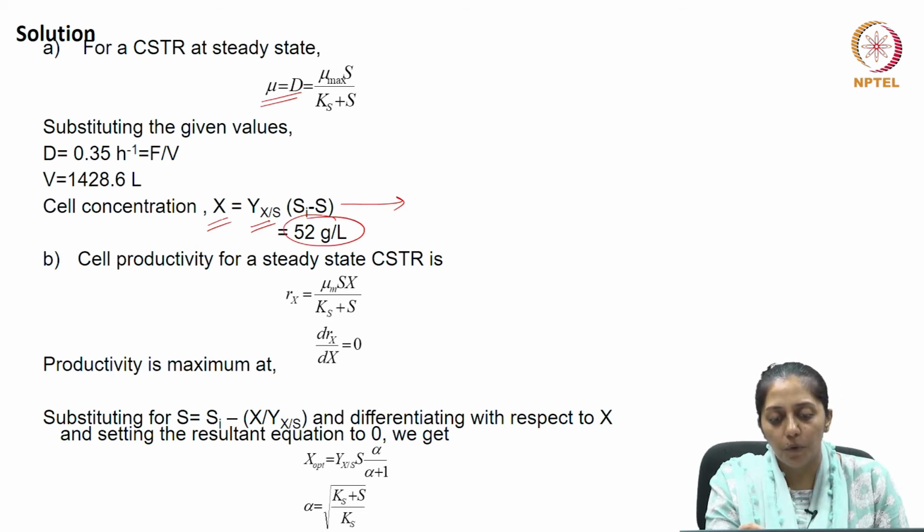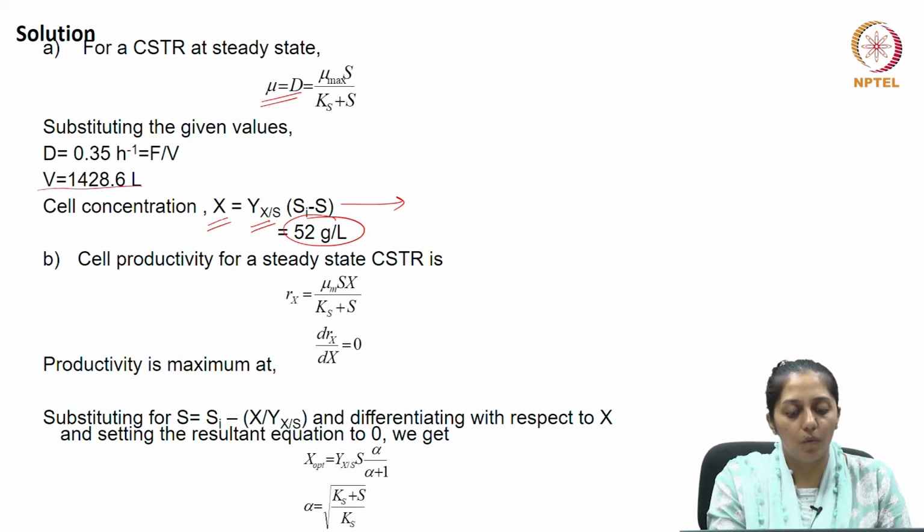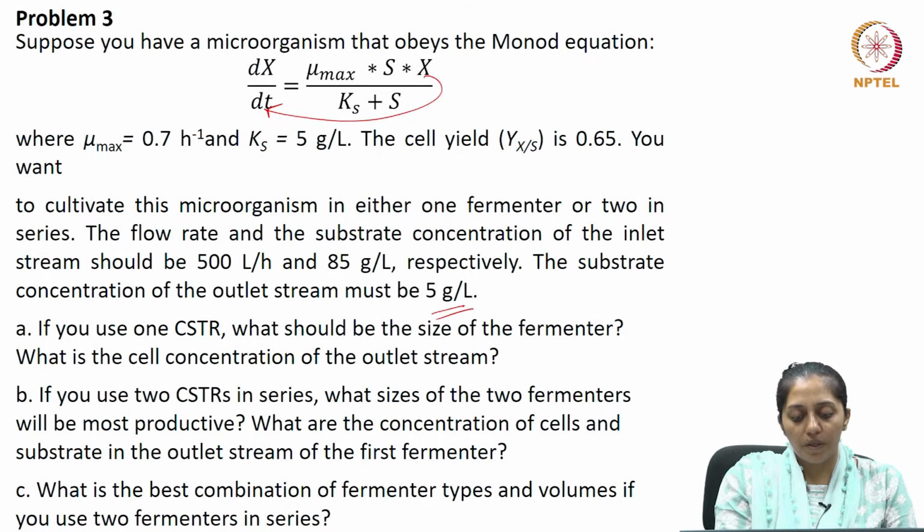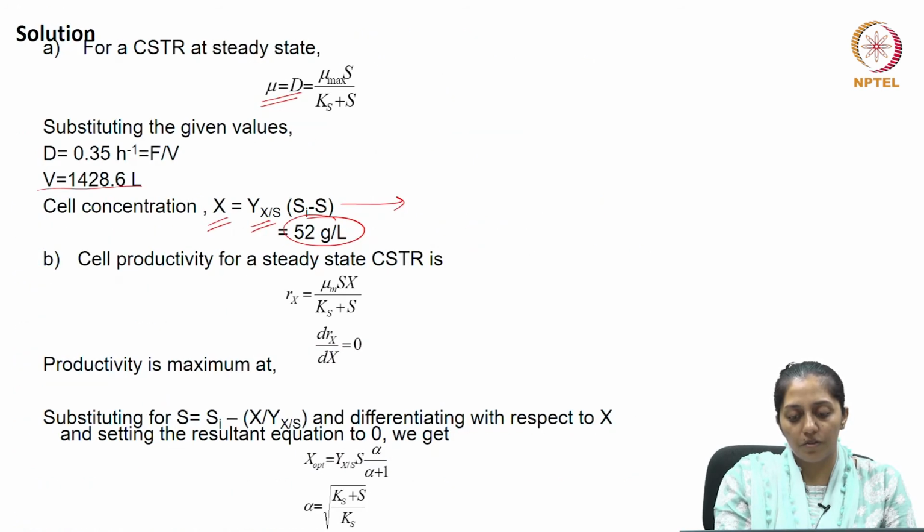Now mu max and Ks were also given, so we can determine the value of mu using the steady state substrate concentration, which will be equal to the dilution rate at steady state. Once we know the dilution rate, we have the value of F, so we can determine the volume of the reactor. Now, what is the cell concentration of the outlet stream?